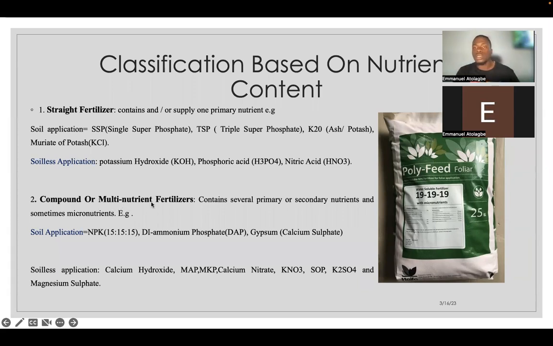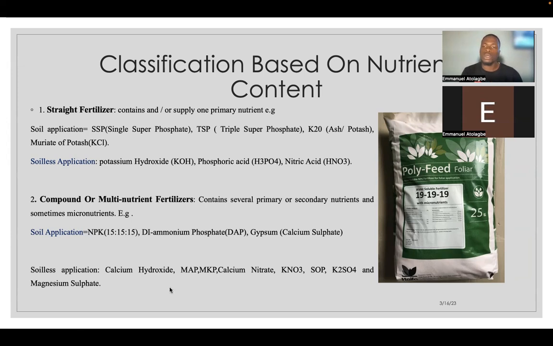Straight fertilizers just mean the fertilizer you apply to your plants, but this time around, they only have a target nutrient. So they are only supplying a primary nutrient, unlike multi-nutrient fertilizers that we are used to.